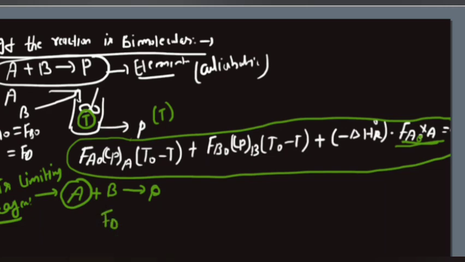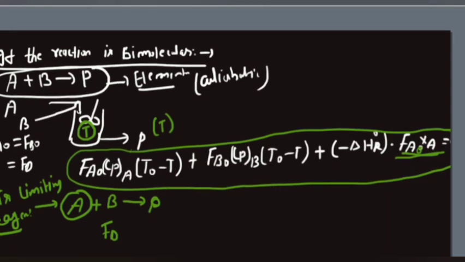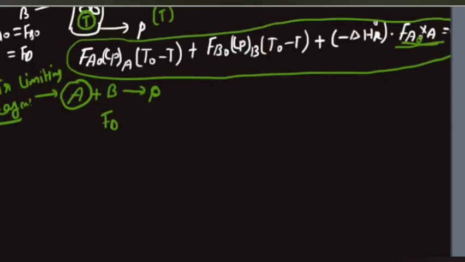And if Cp of A is equal to Cp of B is equal to Cp, I am making the derivation short by assuming everything the same. The derivation will become very short here, that's why I am assuming it. And both reactants enter at the same temperature T naught.